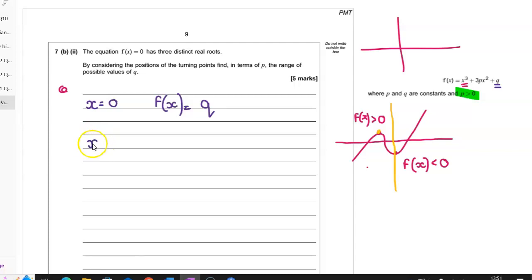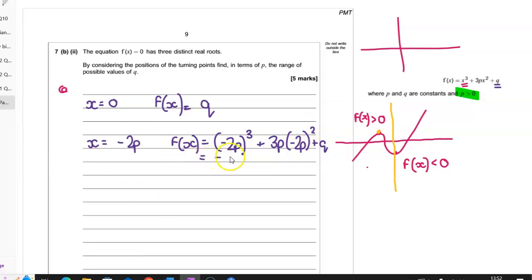Then our other turning point was when x is equal to 2p. So when x is equal to 2p, your f of x is equal to minus 2p all cubed plus 3p times minus 2p squared plus q.